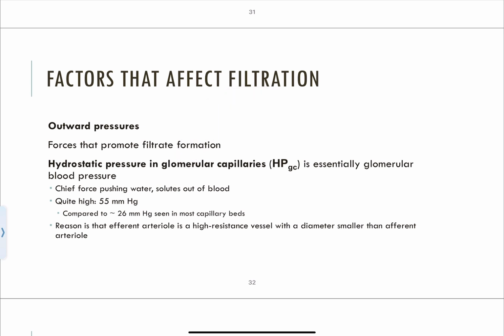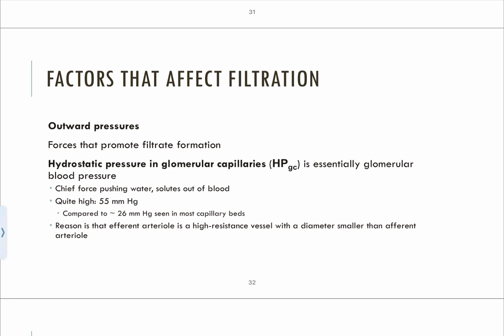So we do have some things that can affect filtration. Remember, when we're talking about filtration, we're talking about pressure being what allows for filtration to occur. So we have outward pressures, and these outward pressures are going to be promoting filtrate formation.